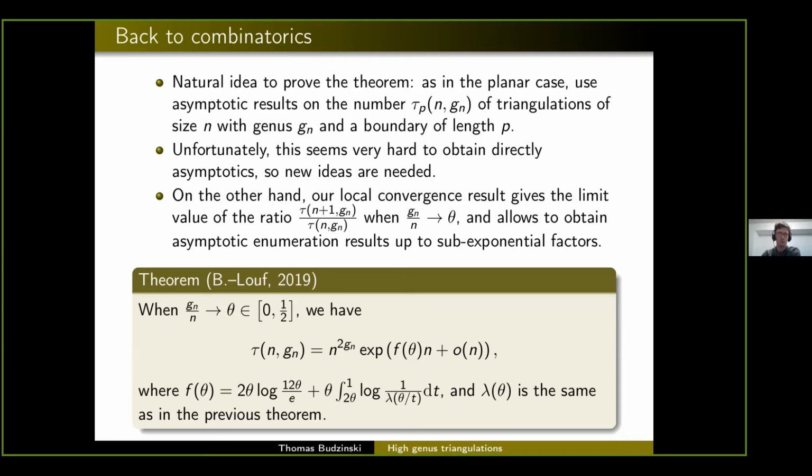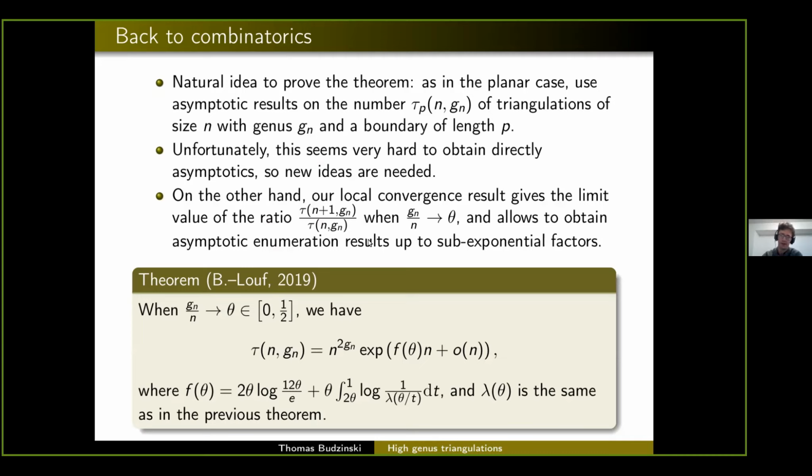Say we want to obtain asymptotic enumeration results on the number of triangulations with fixed size and genus in this regime where g is proportional to n. But unfortunately, even though there are some recurrence relations and so on, this seems very hard.